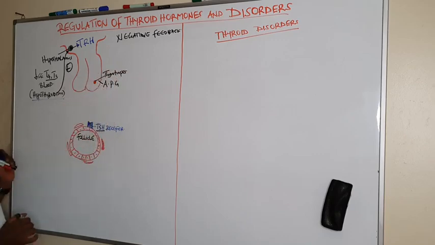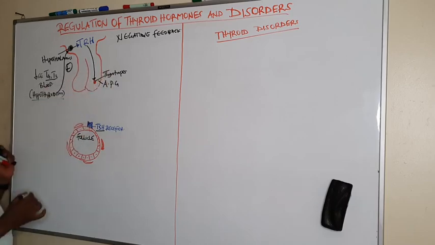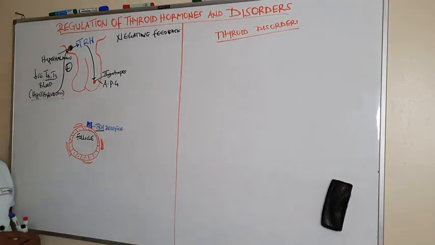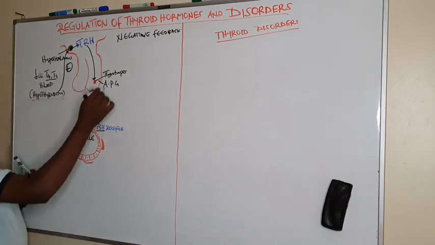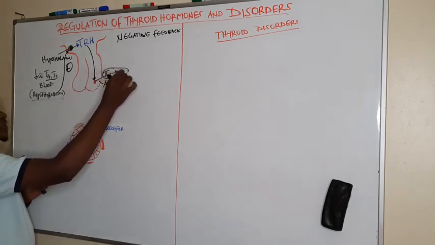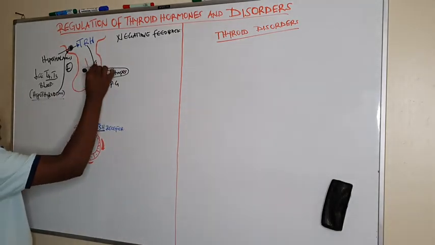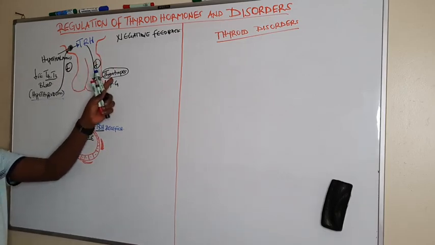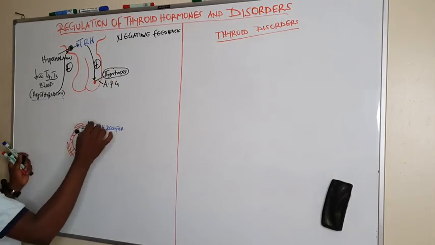And these thyrotropes are the target site for thyroid releasing hormone. After thyroid releasing hormone binds on the thyrotropes, they are stimulated to synthesize and secrete TSH.